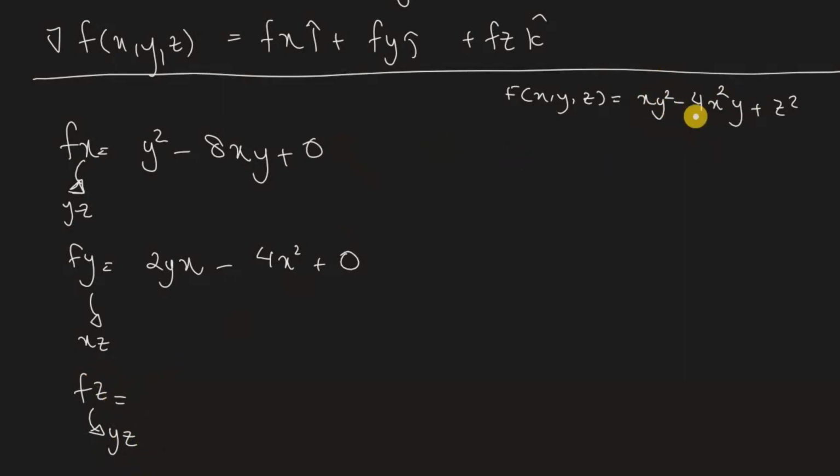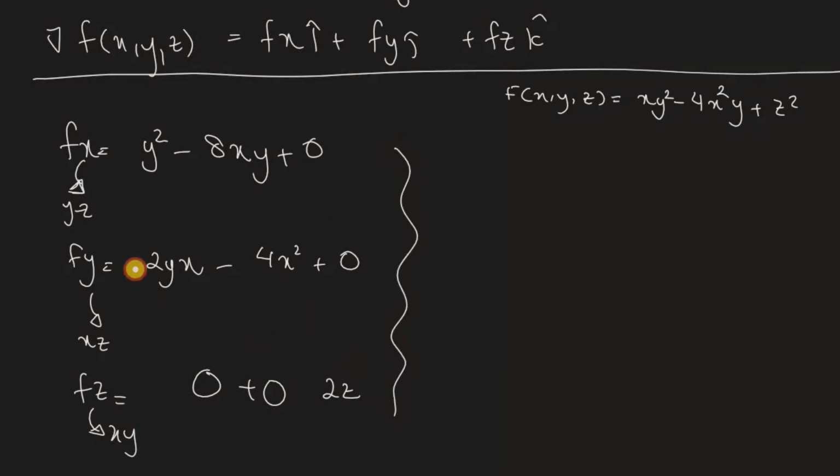So here it's x and y. X and y are constants. So every time we see z, we're only differentiating z. This is the only time we see z, so that's going to be 2z. And these two are 0 because they are constants. Wait, why did I put a plus over here?